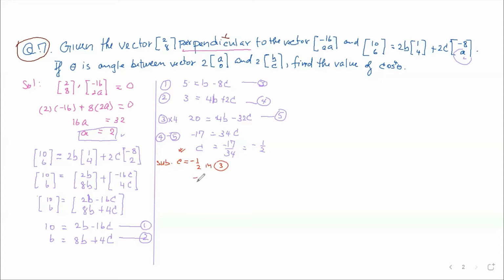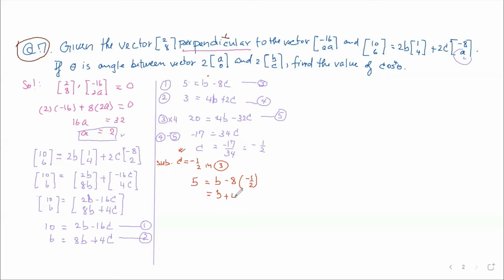So we have 5 equal to b minus 8 times c, which is negative 1 over 2. So what do we have here? B minus becomes plus.